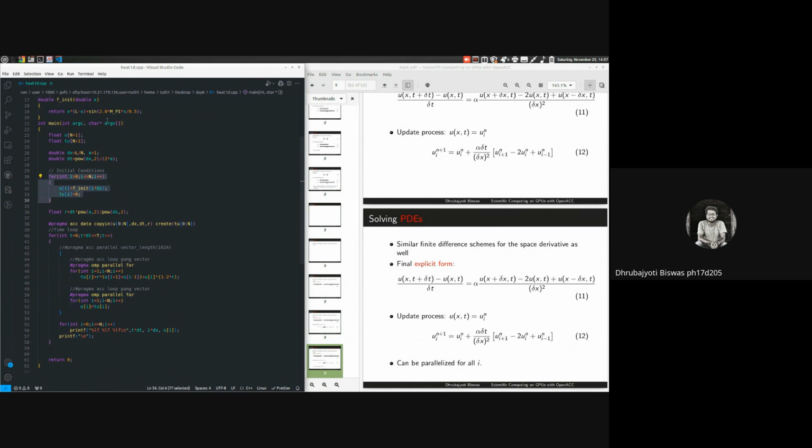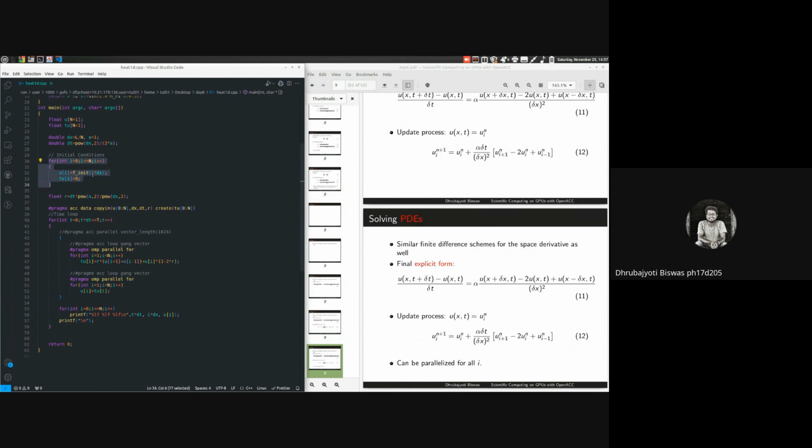I am using the initialization I used before, and for every value of x, the index into my space resolution dx, I am storing tu to be 0, and I am calculating this constant, which I will mark as r.